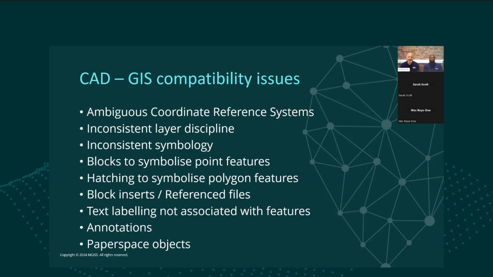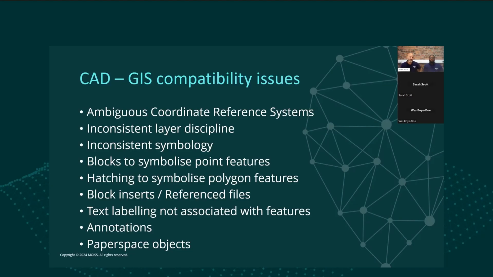It's very easy to put a gas pipe in a water layer. Likewise, there's a lot of inconsistent symbology. So having put your water pipe into a gas layer, rather than put it in the correct layer, you simply change the color of the pipe to match the symbology of it. So although it is in the gas layer, you color it blue to make it a water pipe.